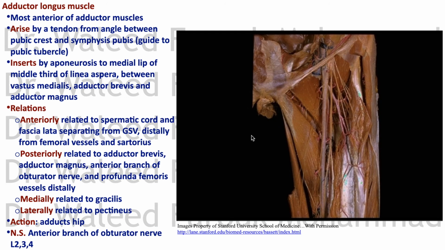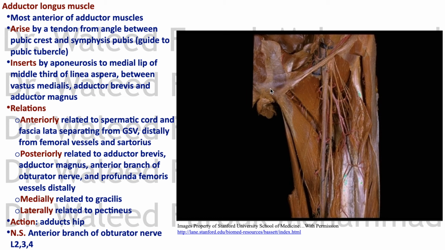The adductor longus muscle arises by a round tendon from the angle between the pubic crest and the symphysis pubis. That's why it bulges medially when we move the thigh, so you can palpate the tendon, and this will lead you to the pubic tubercle.